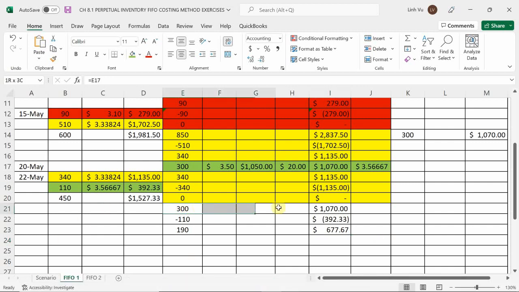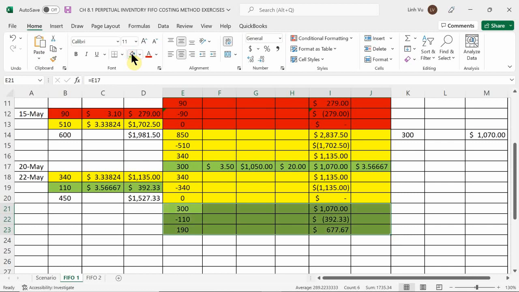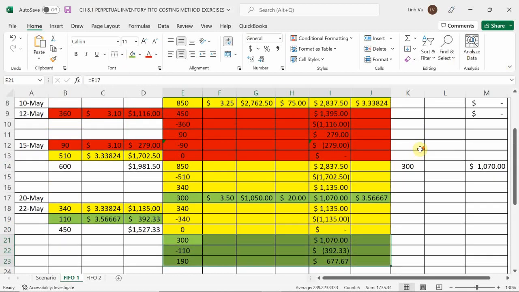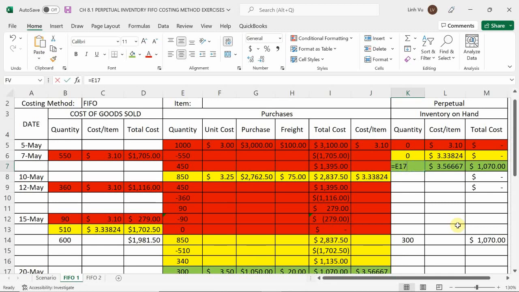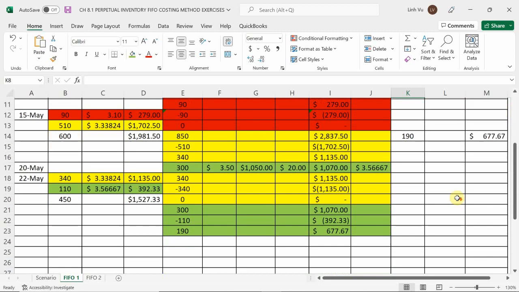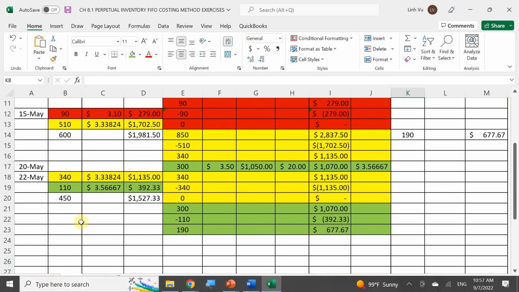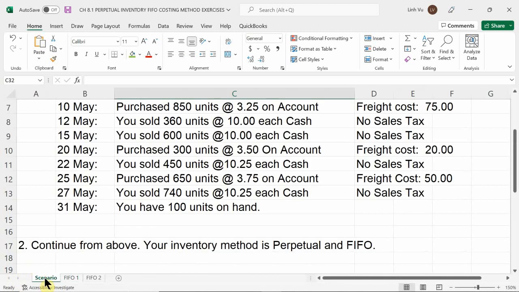Okay. So once again, this is my green batch of inventory. So now I need to update my inventory because now I only have 190 left remaining, right? At $677.67, which is true. Okay. So then let's see what happened next.